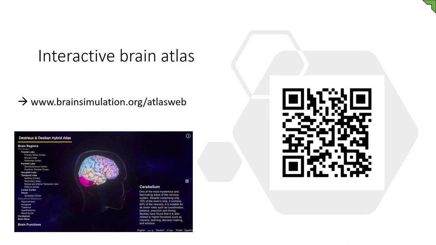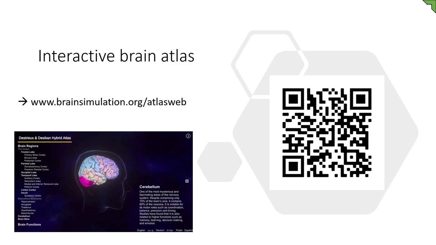Okay, so I will continue now, and because we also want to make this talk a bit interactive, we can provide you one tool of our group, which is an interactive atlas that allows you to explore the anatomy of the brain.